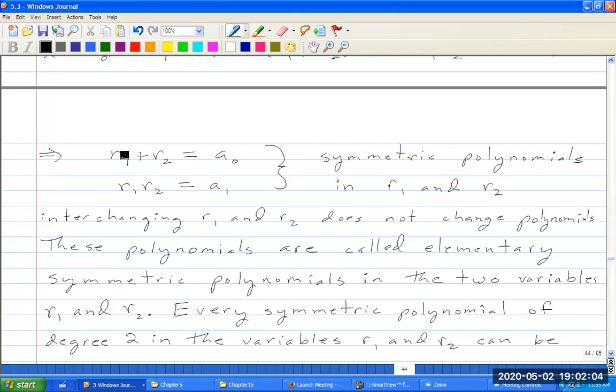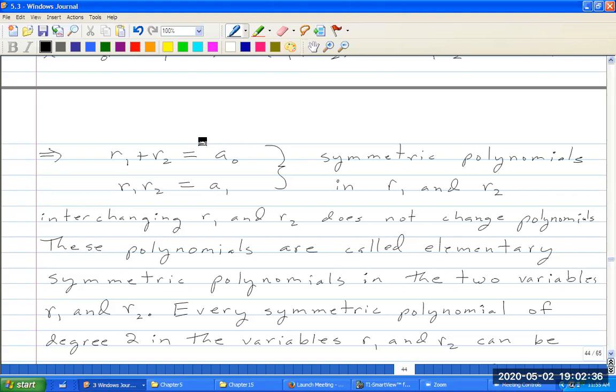These are symmetric polynomials in r1 and r2. Notice that interchanging r1 with r2 does not change these polynomials. If I said, instead of calling this r1, I'll call this r2, and I'll call this one r1, well, it still satisfies the same equations.